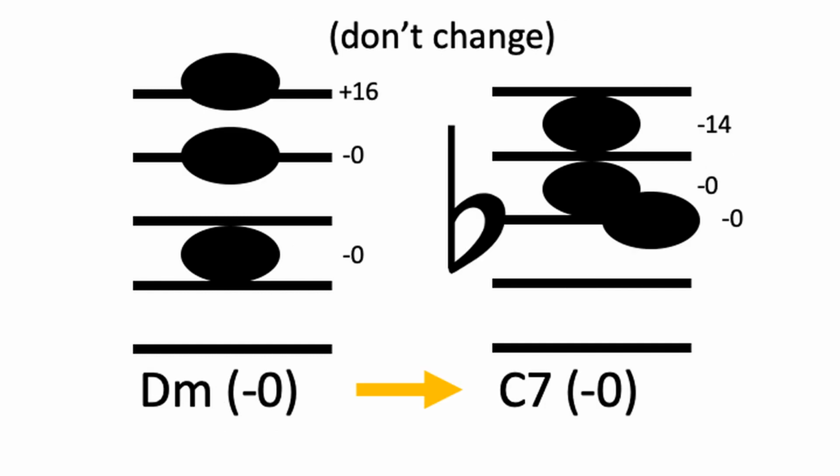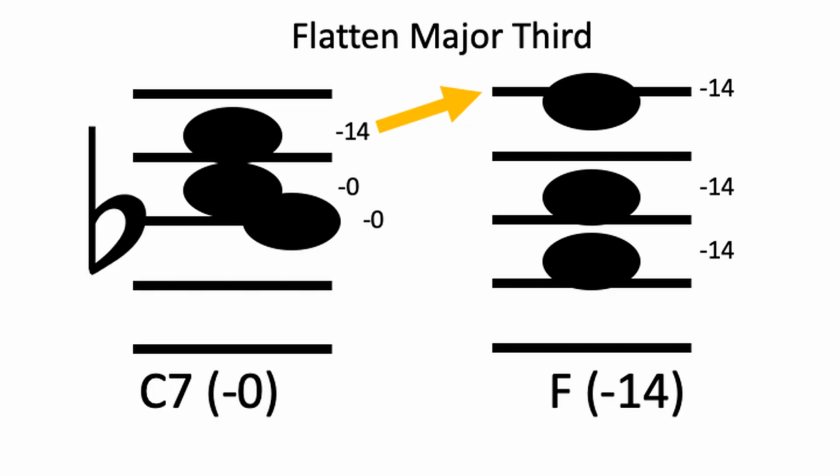From D minor to C dominant 7, we do not change. And from C dominant 7, we can place a big emphasis on that leading tone to resolve up to F, flattening that major third in the leading tone such that the entire F is 14 cents more flat. Now we get to string them all together.